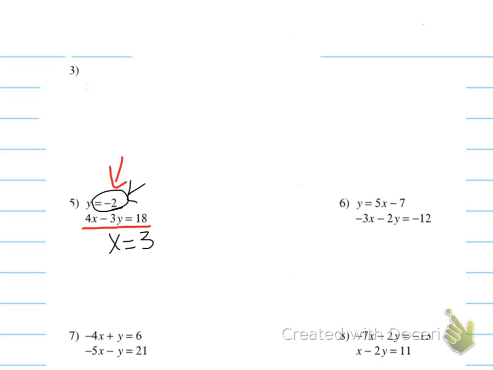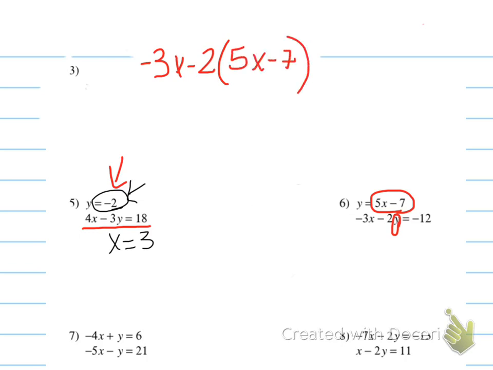Okay, here we go. Now, what I'm going to do is identify the equation that has y by itself, and I'm going to copy all of that into that little y. So we have negative 3x minus 2 times the quantity 5x minus 7, close parentheses, equals negative 12.